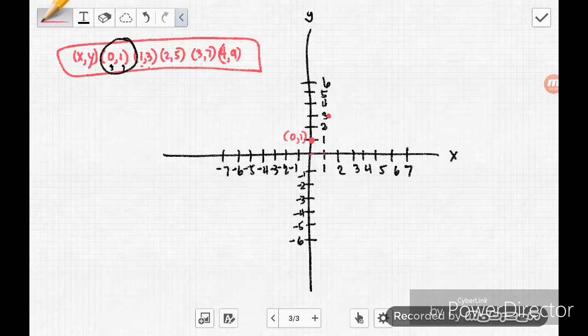So this is your next point. 1, 3. Next one is 2 and 5. So x is 2, y is 5. Okay, label 2, 5. What's the next one? 3 and 7. Okay, I need to add one more. That would be 7. 3 and 7.